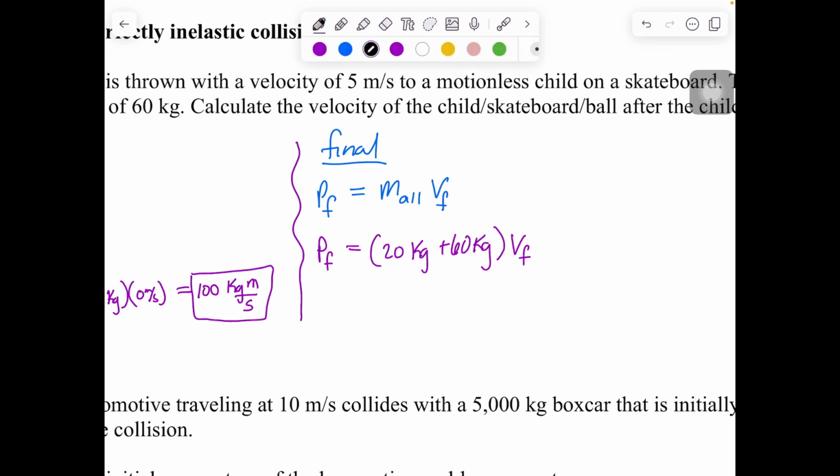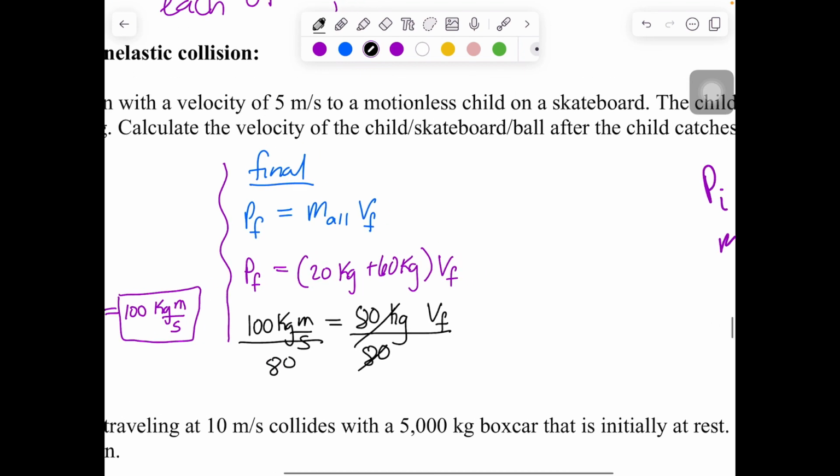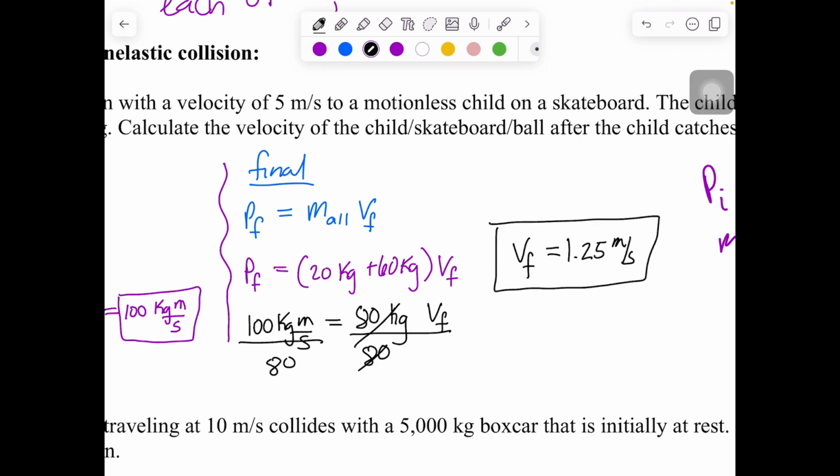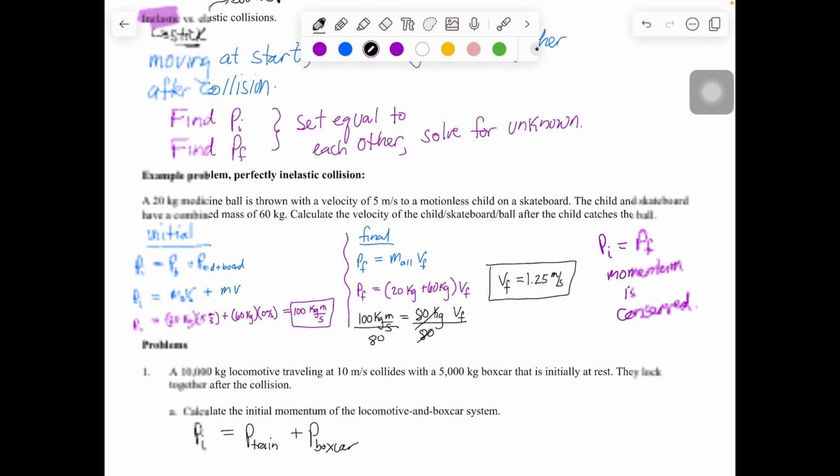So I can set 100 kilogram meters per second equals 80 kilograms, 60 plus 20, times velocity final. And then we're going to divide by 80 on both sides. Cancel, cancel. And when we do that math, we get 1.25 meters per second as our final answer.